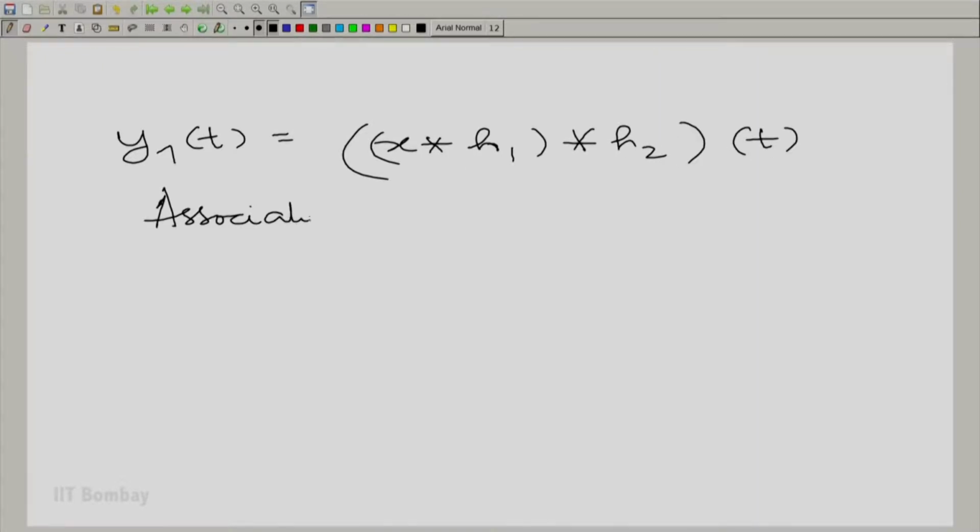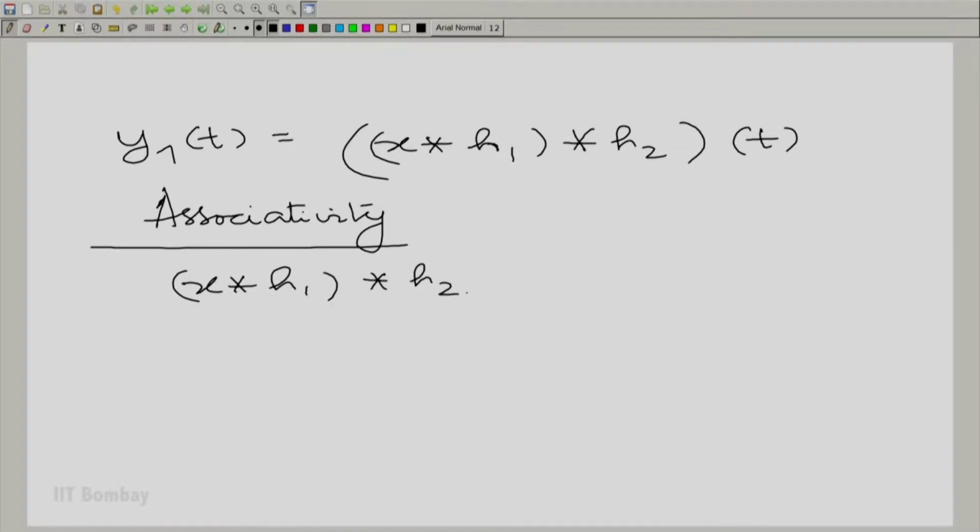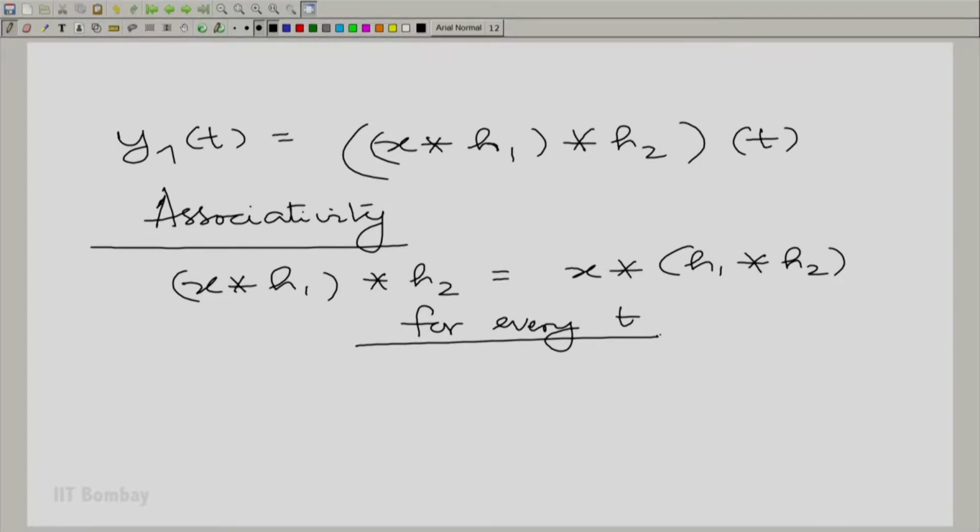And we now invoke associativity. That tells us that x convolved with h1 and then convolved with h2 is the same as x convolved with h1 convolved with h2 done first. Now, this is of course true point by point for every t, and essentially what we are saying here is equivalence.